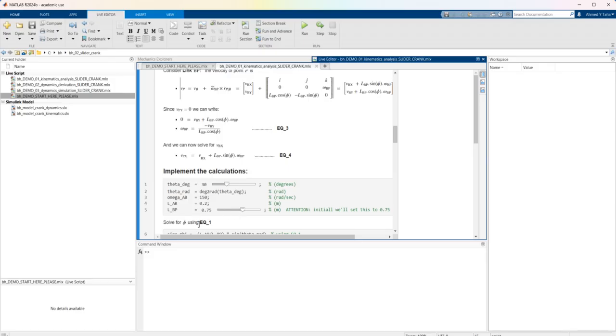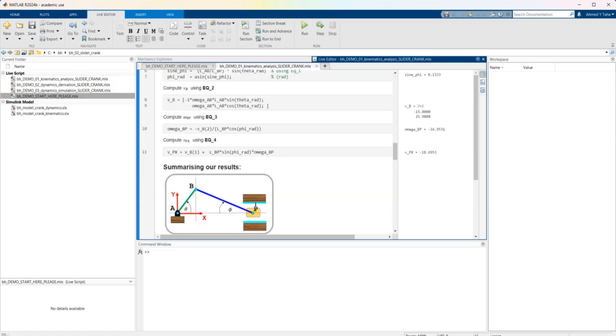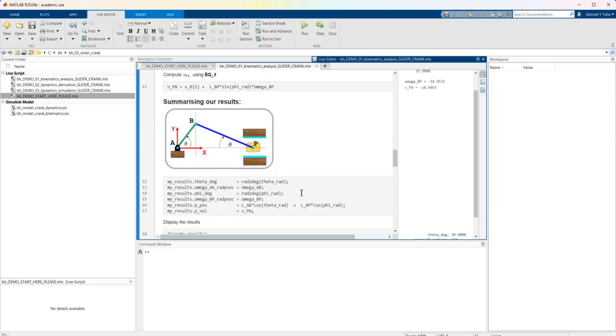Now we're going to solve for phi using equation 1, compute the velocity B using equation 2, and then compute the omega BP using equation 3. Then we're going to calculate the velocity of the Bx using equation 4. So that's it. Summarizing the results, I'm going to get the answer for that.